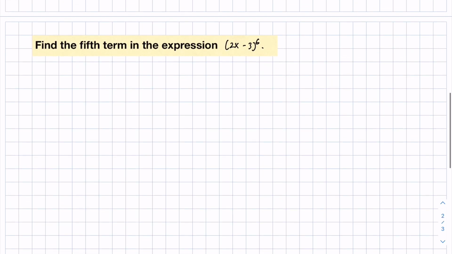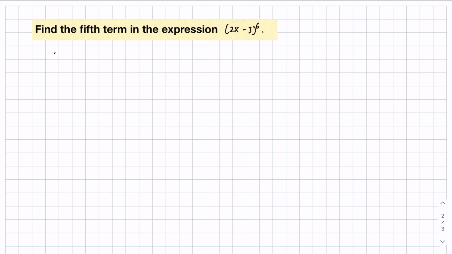So if in the first term r is equal to 0, then in the fifth term r will be 5 minus 1, which would be r is equal to 4, right?